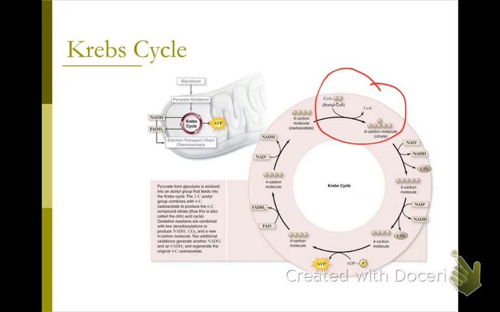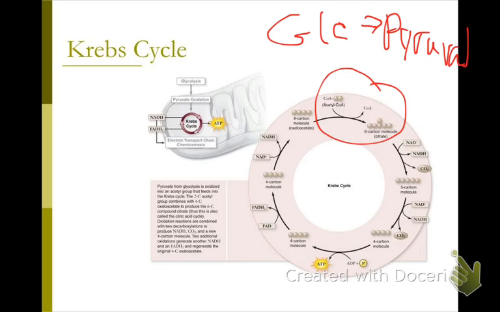So again, we've got glucose, and that glucose is being broken down to pyruvate. That pyruvate then is carried through pyruvate oxidation, which is basically when it adds the acetyl-CoA to it, and it adds it into the Krebs cycle.